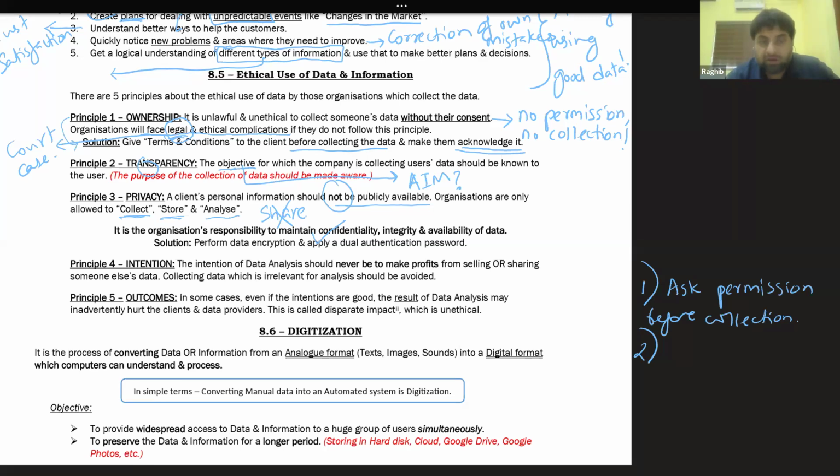Now, coming down to our fifth principle, outcomes. This principle is speaking in a very different manner towards the outcome, towards the output. See, sometimes we take the information from someone and we try to give the information after processing it.